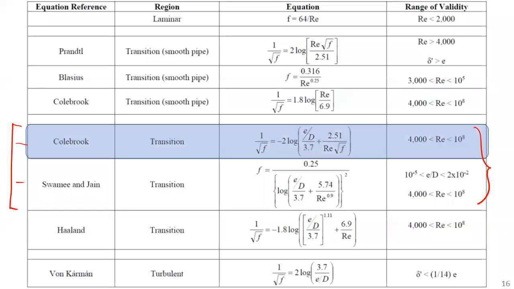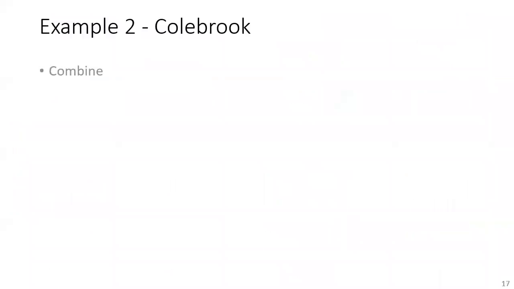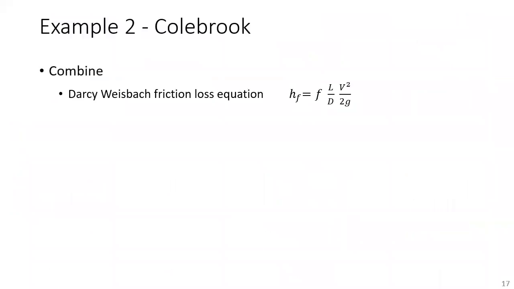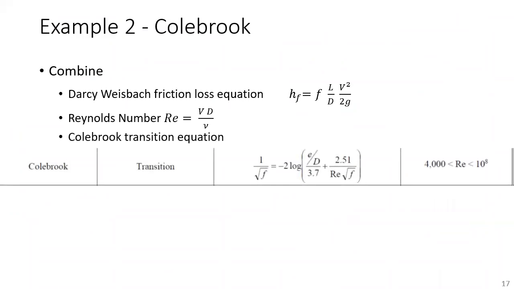So for the first combination, we're going to take the Darcy-Weisbach equation and combine it with Colebrook's transition equation. So the Darcy-Weisbach equation looks like this. From the very last slide, the Reynolds number looks like this. And again, from the very last slide, the Colebrook equation looks like this. And this is from the handout from last class.